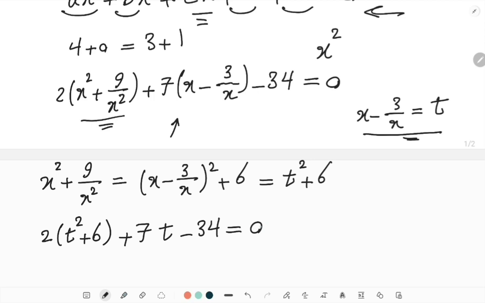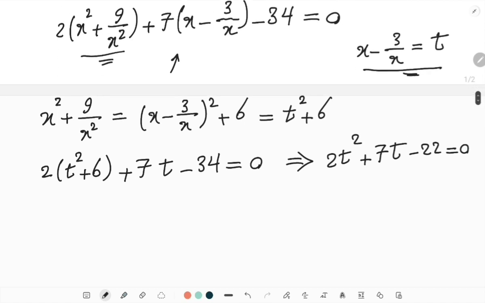What is this? This is nothing but a quadratic equation, which is very simple to solve. This gives me 2t squared plus 7t, and that is 12 minus 34, which is basically minus 22, equal to 0, if I'm not wrong.